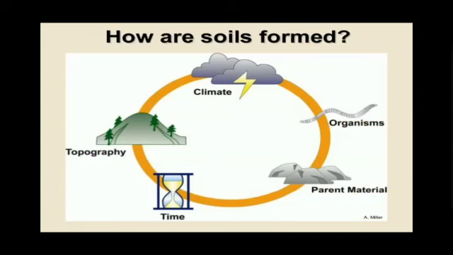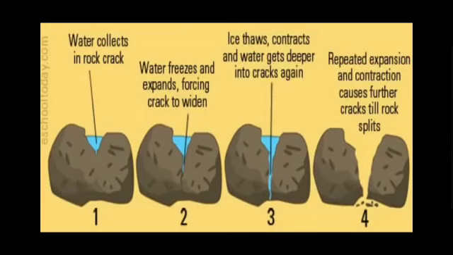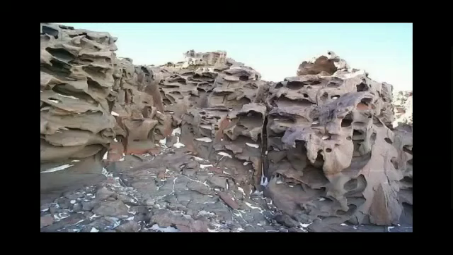And as a result of this process, these smaller pieces get broken down again and again with time, mix with humus and form soil. Here, the word humus means natural compound found in soil. We can say that humus is the remains of dead plants and animals in the soil.